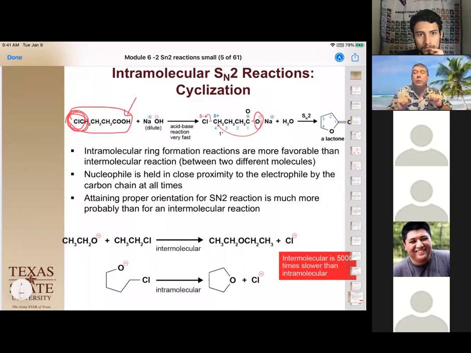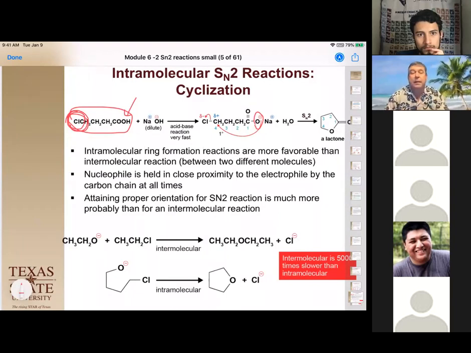Okay, which one's more favorable? Having your nucleophile wait around until it wanders around and finds another molecule, or the fact that it's already just randomly rotating and flopping around? It's in close proximity, and it will close rings very rapidly in the system.